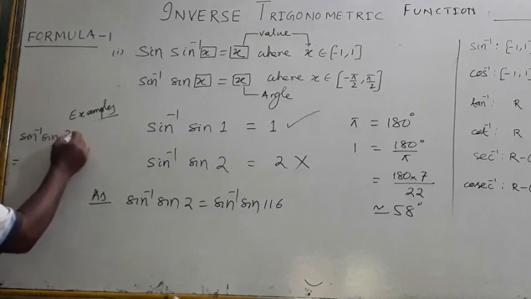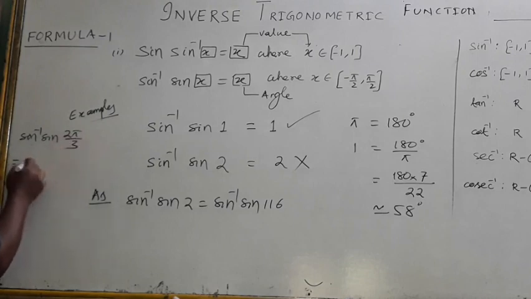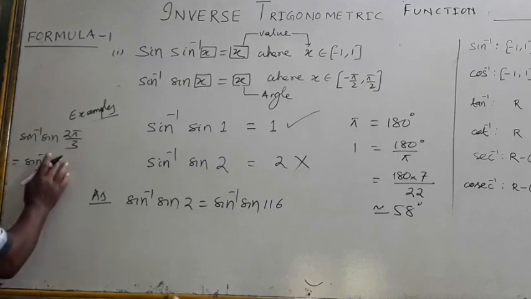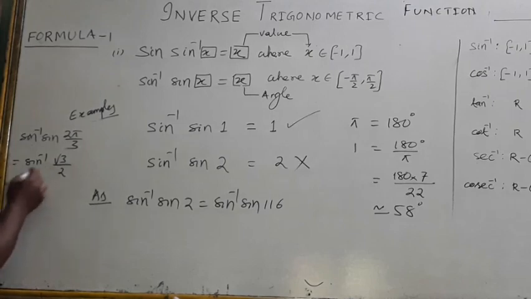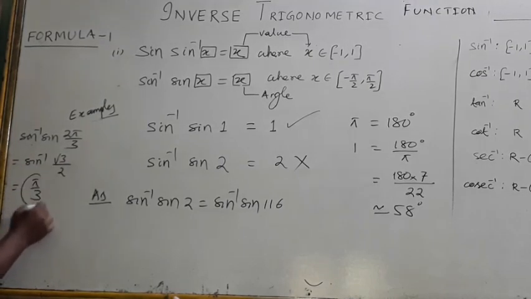Sine 2 pi by 3 means sine 120 degree. What will be its value? It is √3 by 2. Then the answer is sine inverse √3 by 2, which is pi by 3.